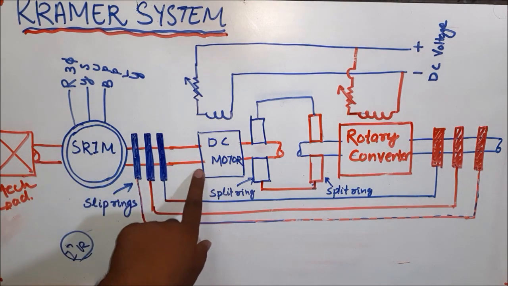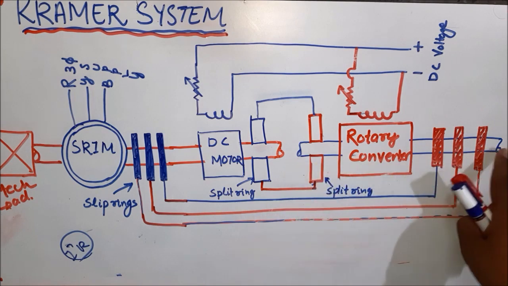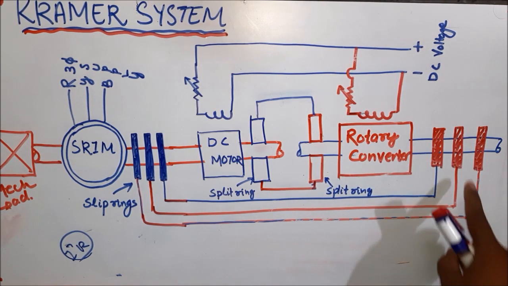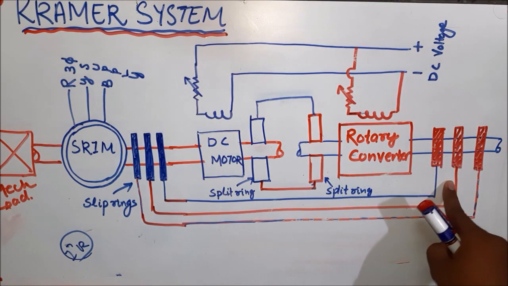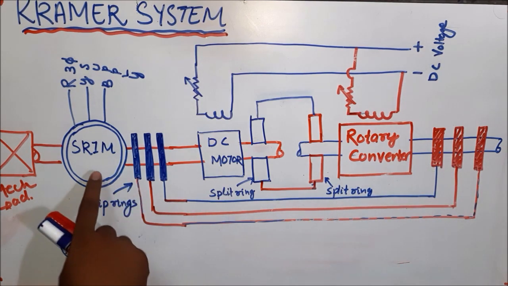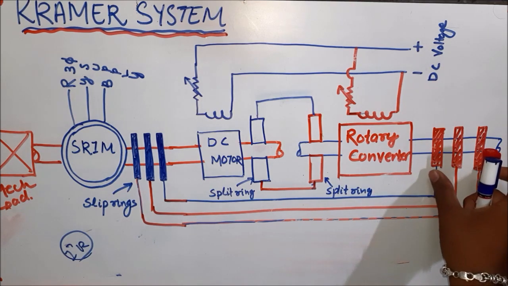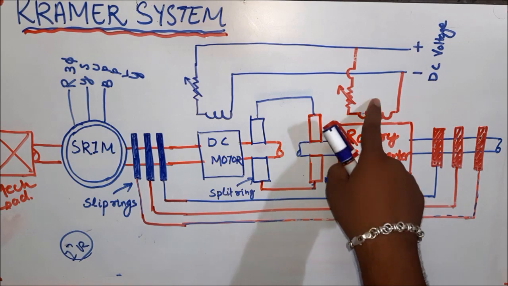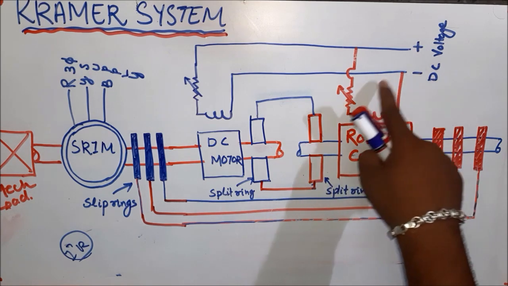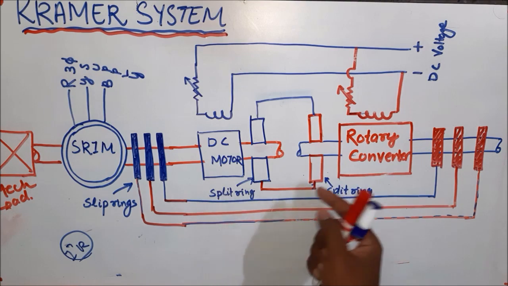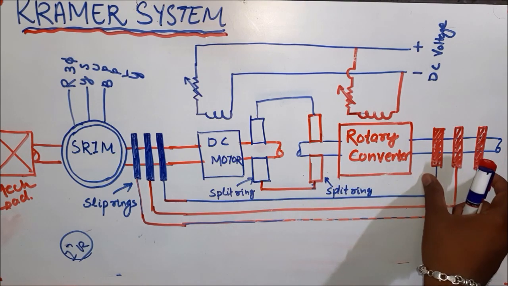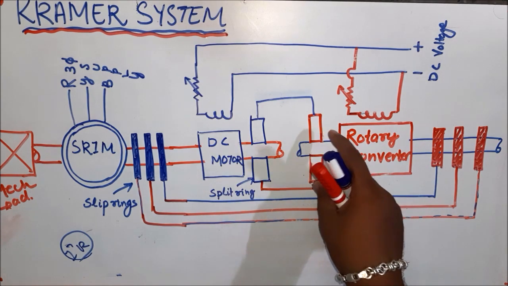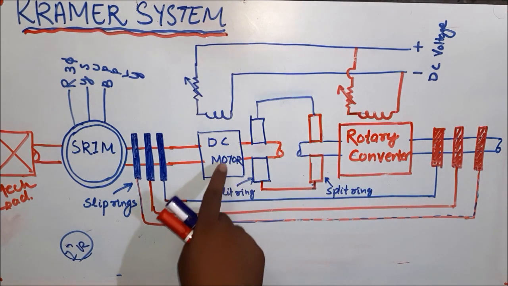With that, we have connected a DC motor, and in this shaft, we have connected only one rotary converter, which takes three-phase AC power, which is actually wasted in the slip ring of the induction motor, and that three-phase power is used to rotate the rotary converter, and by the DC excitation system, we can convert three-phase AC to DC power. The output of the rotary converter, that is DC power, is again fed into the input of a DC motor.